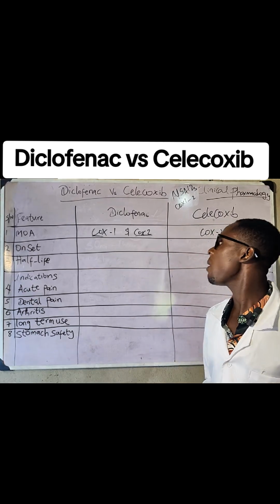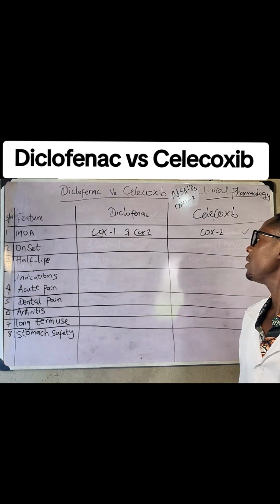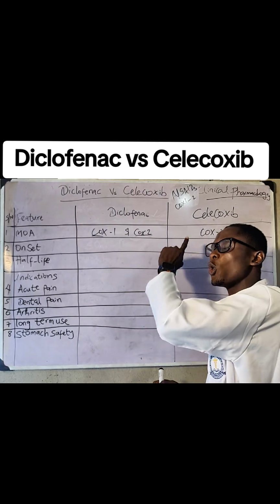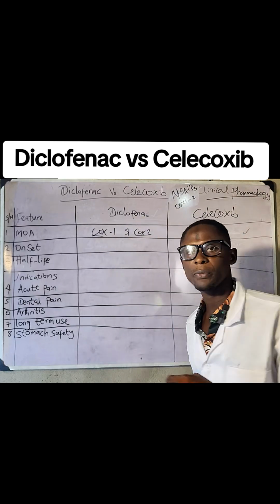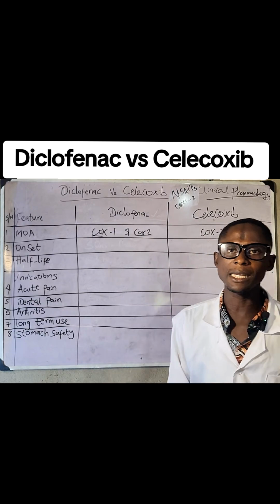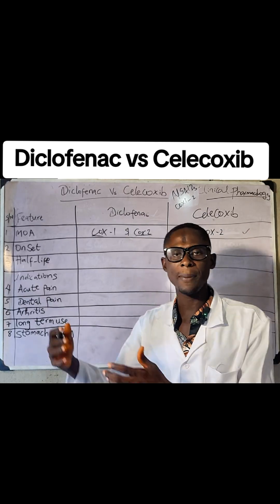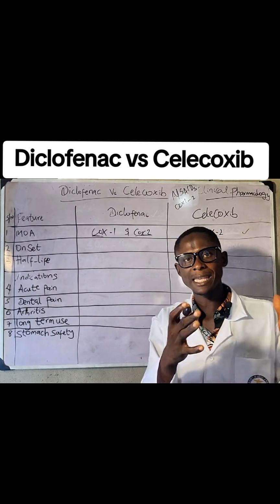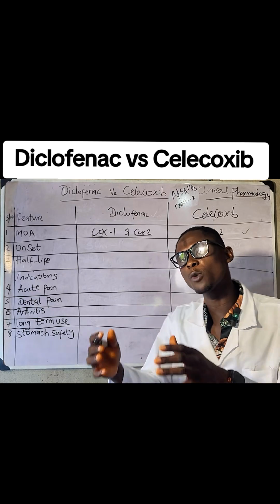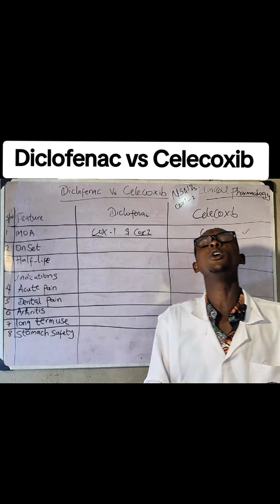So looking at it now, in this comparison, from mechanism of action, Celecoxib is kind of what? Better. But I want you to know that diclofenac is a preferential COX-2 inhibitor. It prefers to inhibit COX-2 than inhibiting COX-1. What do I mean? For instance, someone that prefers eating ripe plantain and does not like eating unripe plantain. When you keep 10 ripe plantain and 20 unripe plantain, this person will first eat the 10 ripe plantain or the 5 ripe plantain before going for the unripe plantain.